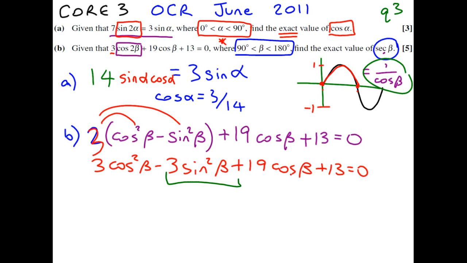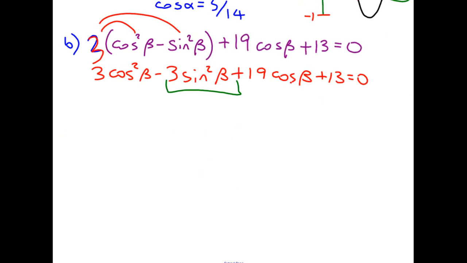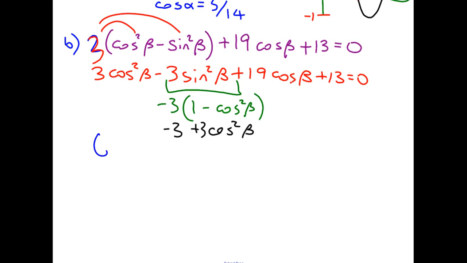So we need to use another trig identity, that sine squared theta plus cos squared theta is 1, to transform this to 1 minus cos squared beta. When we put all this together, we are going to get 3 minus 3, sorry, plus cos 3 cos squared beta, which gives us in total 6 cos squared beta plus 19 cos beta.